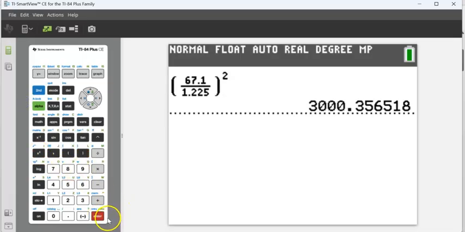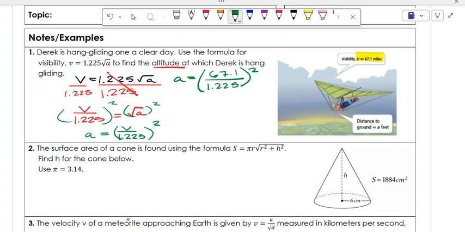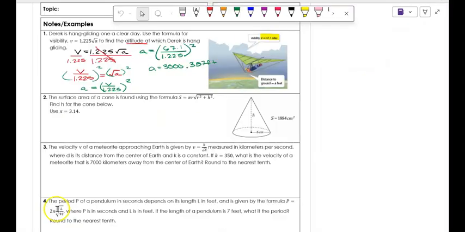And that gives me 3,000.3565, so 3,000.357. So A equals 3,000.357 feet. That's going to be our unit, feet. Okay, so that's one way of solving that.